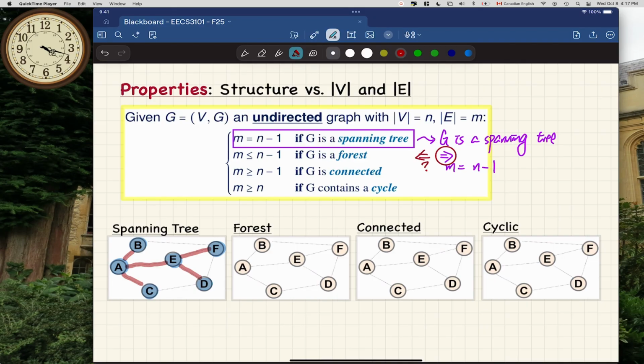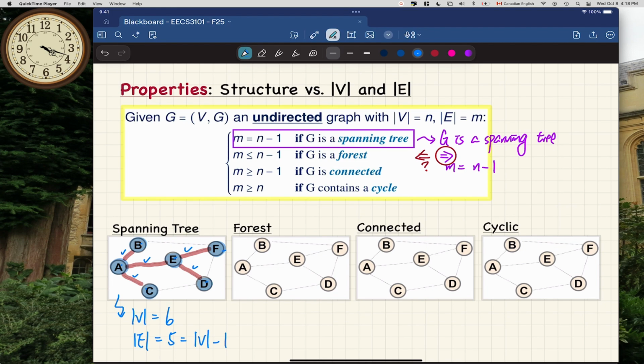According to the property over here, if you think about the number of vertices right here, A, B, C, D, E, F, 6. How about the number of edges? 1, 2, 3, 4, and 5, which is exactly equal to the number of vertices minus 1.